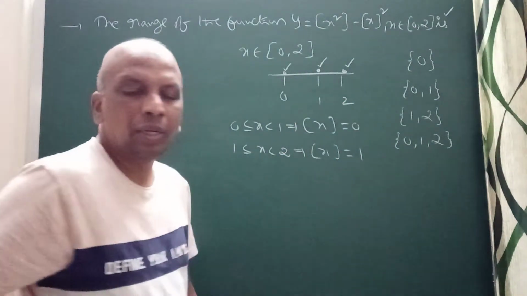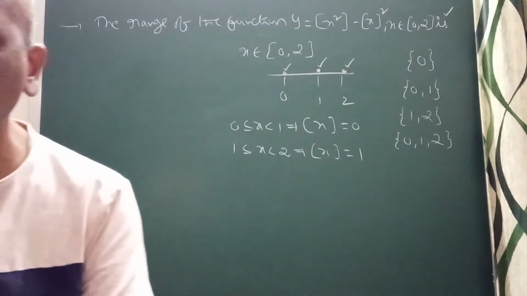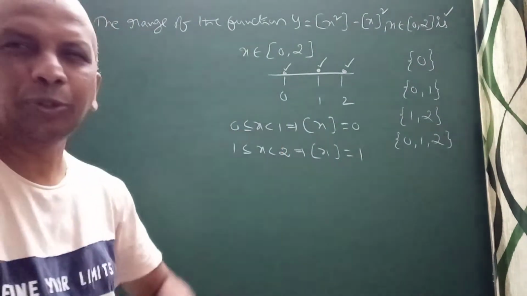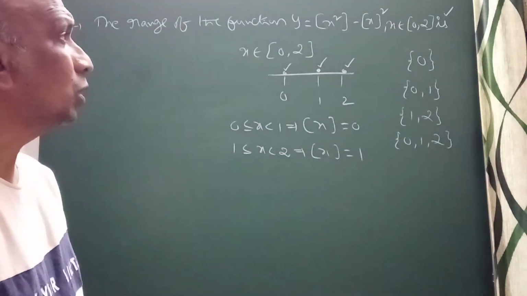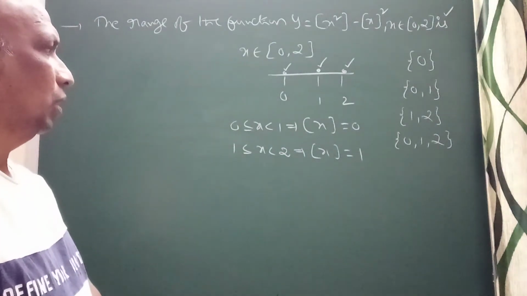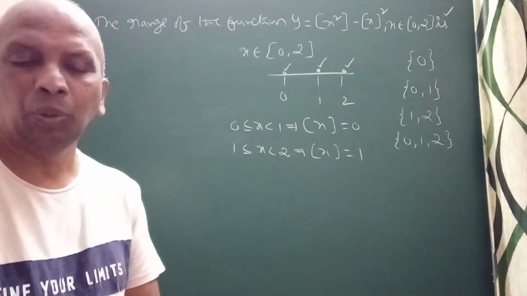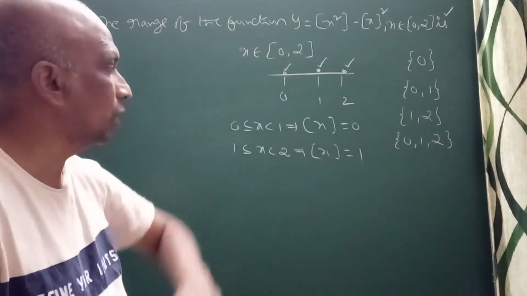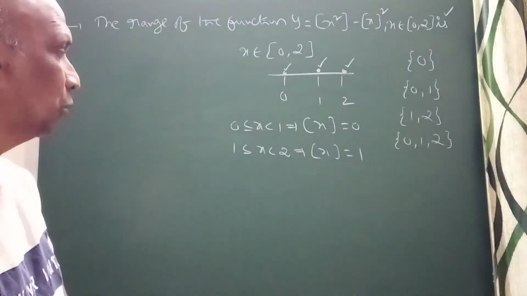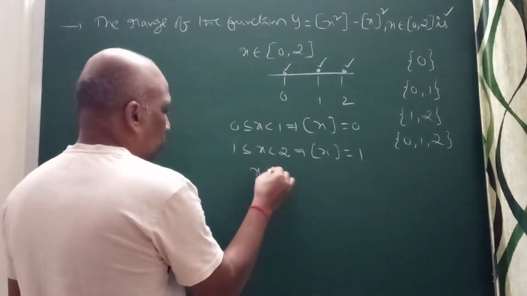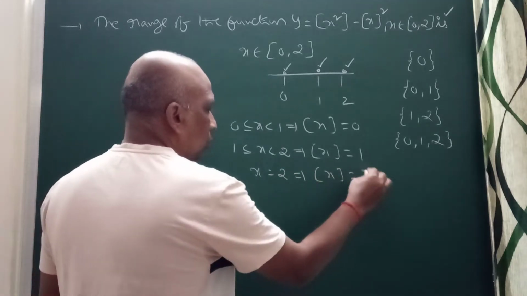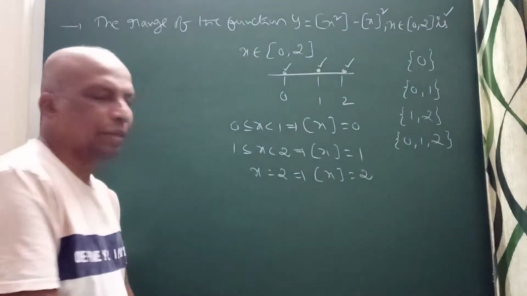Between 1 and 2 you will get 1. Exactly at x equal to 2, step x will be 2. Correct? These are the things.